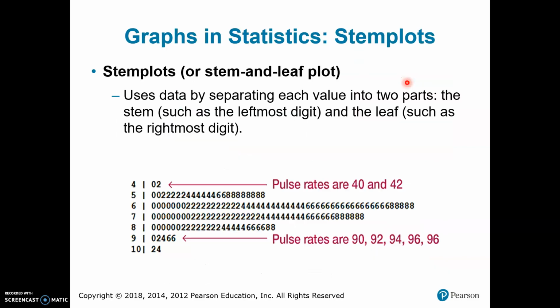All right. There are also other types of graphs that we use in stats, and one of the most useful, I'd say, is the stem plot. Here is an example of a stem plot.